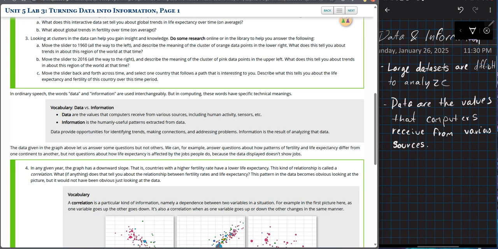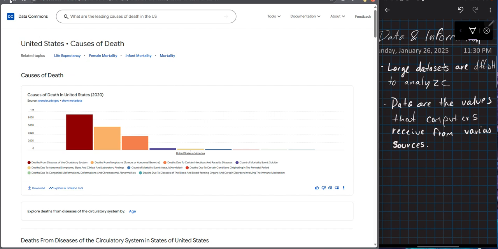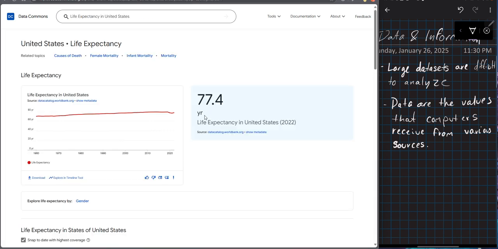So we don't know what sources they get their information from, but it's just data. It's numbers, values, and the computer just plots them in a graph, and it's able to visualize them. Oh, I think it's this one actually.